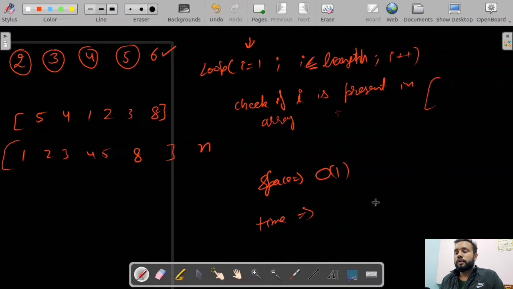So for a number we are going to traverse this array of size n. And how many numbers are there? There can be at most n numbers, so n into n, which is O(n square). That will be our time complexity if we use this approach.